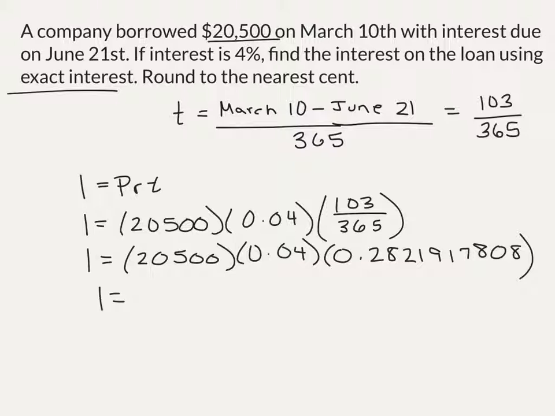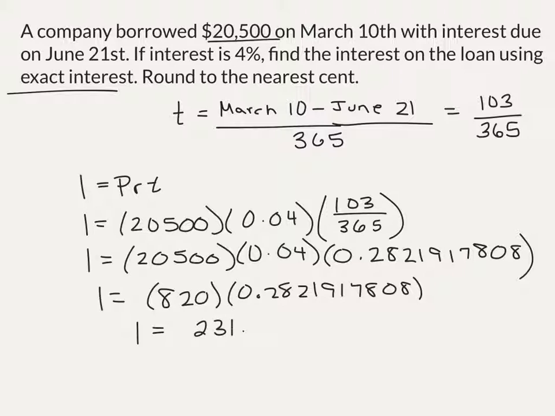Next, we'll multiply 20,500 by 0.04. That gives us a value of 820, and we'll multiply that by this decimal. And when we multiply those two things together, we get 231.3972603.